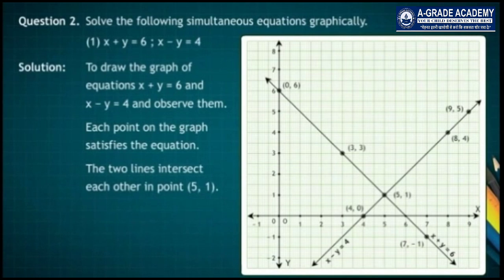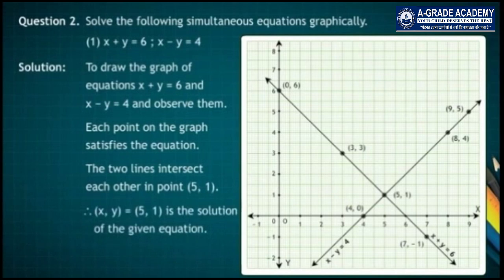Hence, the ordered pair (5, 1), that is, x is equal to 5, y is equal to 1, satisfies the equations x plus y is equal to 6 and x minus y is equal to 4. Therefore, (x, y) is equal to (5, 1) is the solution of the given equations.